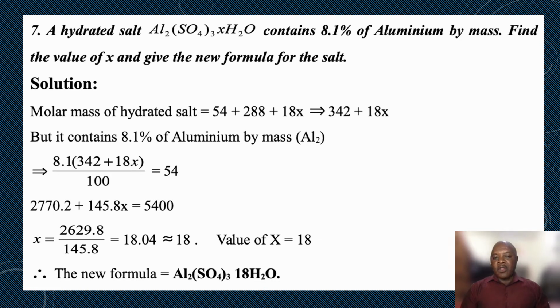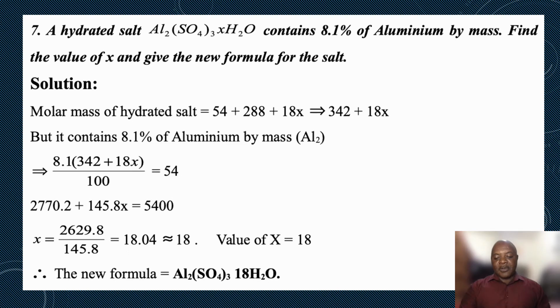So now when we do the manipulation, we will have 2770.2 plus 145.8X equals 5,400. By solving it, our value of X will be 18. So by replacing X with 18, our new formula now will be Al2(SO4)3·18H2O. That is it.